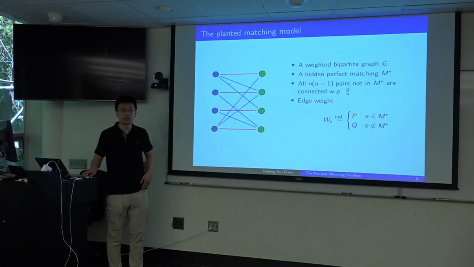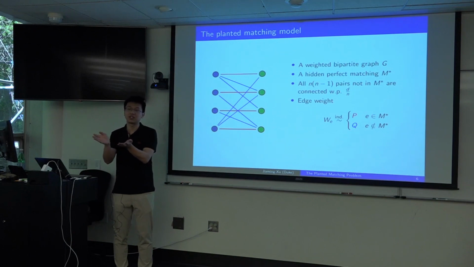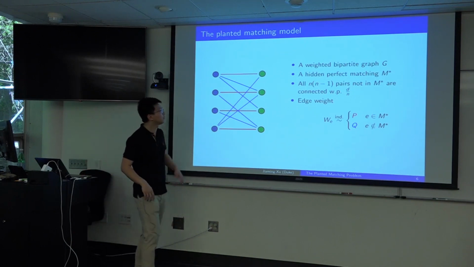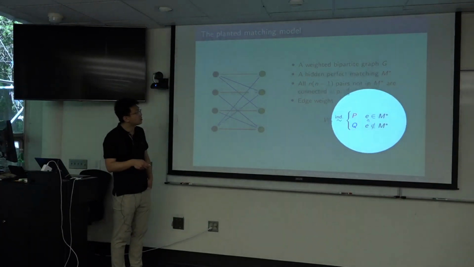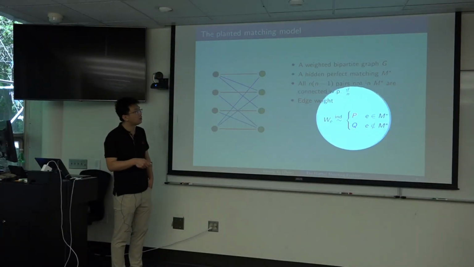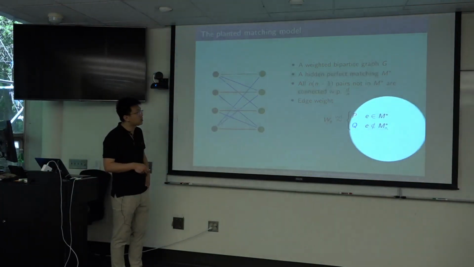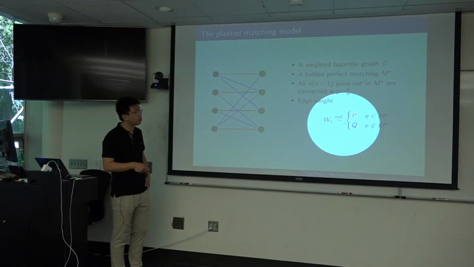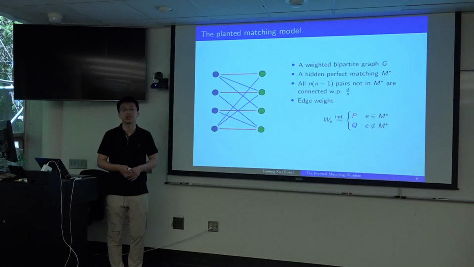So you should imagine that for every node, you have one edge on the perfect matching and roughly d edges not on the perfect matching. On top of the edges, you also observe some weights, which follow two different distributions. For all edges on the perfect matching, the weight follows one distribution P, i.i.d. And for edges not on the perfect matching, the weight is drawn according to a different distribution Q, again independently across all the edges.